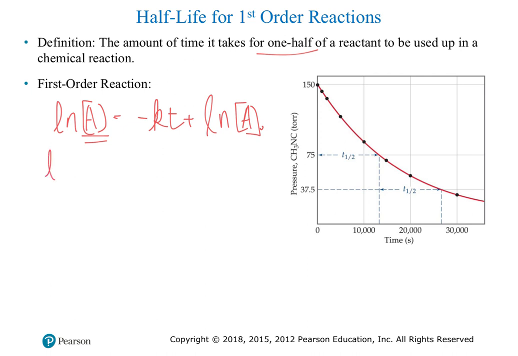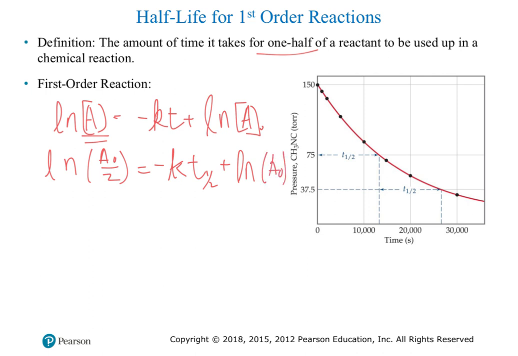So we can take ln of A naught over 2 equals negative k times the half-life, we'll just call it t1 half, plus ln of A naught.